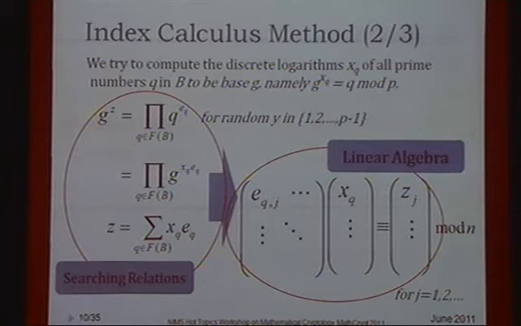And if we make B small, then linear algebra becomes small, then we can solve it faster. However, if B is small, the probability of finding a B-smooth number becomes low. Therefore, we find an optimal B.